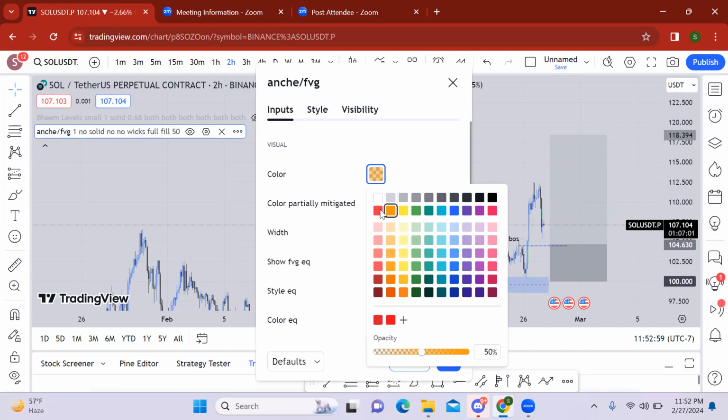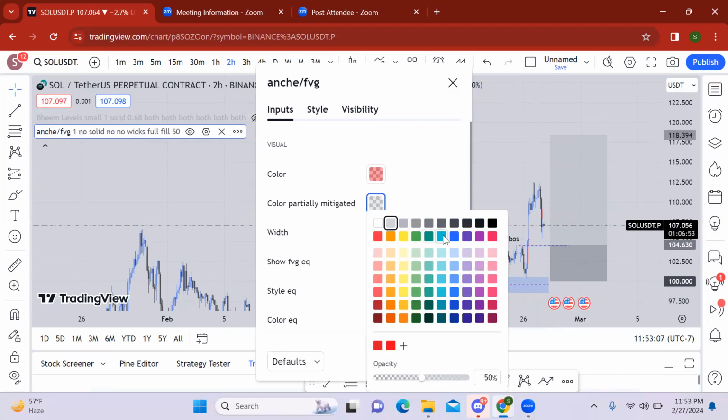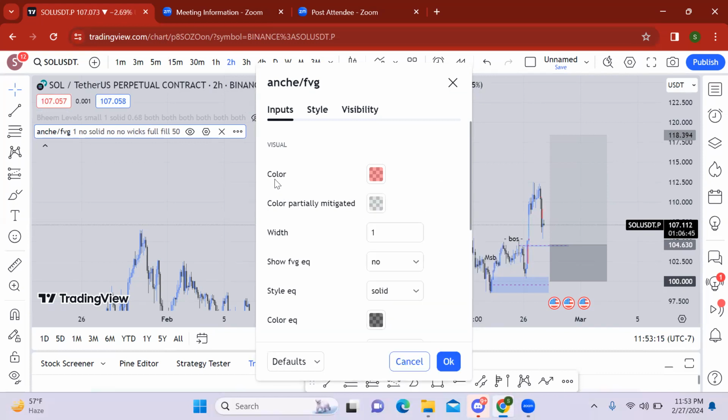The first one I turn red, it means this one is not filled, and I keep this as whatever my background is. If you want to see filled fair value gaps as well, give it a color here, like it shows you the color of the fair value gaps, which will be red.